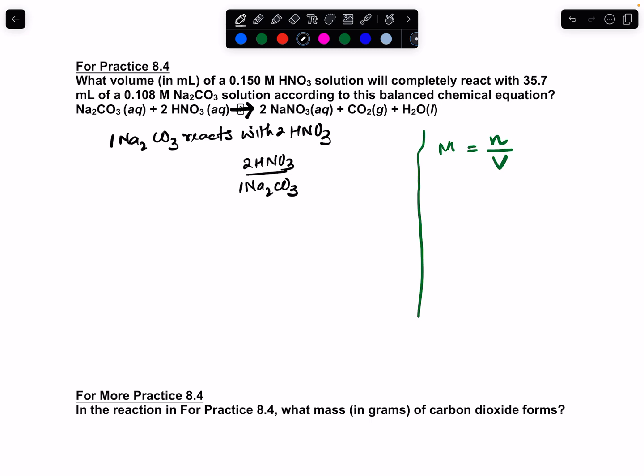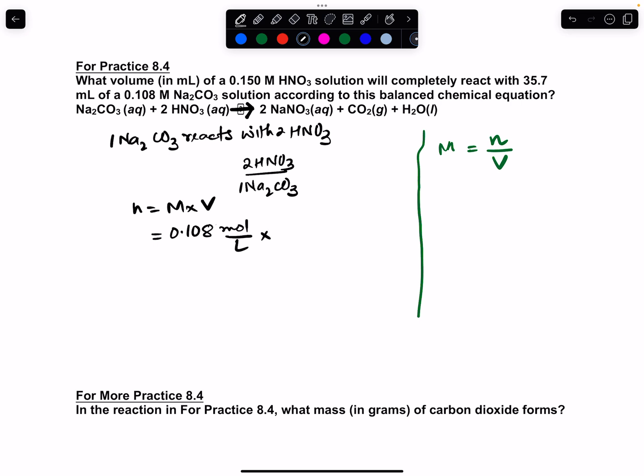All right, so once we have that conversion factor, the next thing we've got to find out is, when you're looking at a reaction, it's important to understand how many moles are reacting. Which means you can take this information given to you, 35.7 milliliters and the molarity, and using this formula, you can calculate the moles. So let's go ahead and do that. If I rearrange this formula and isolate the n, I get n is equal to M times V. Molarity is 0.108 molar, and let's write that in moles per liter.